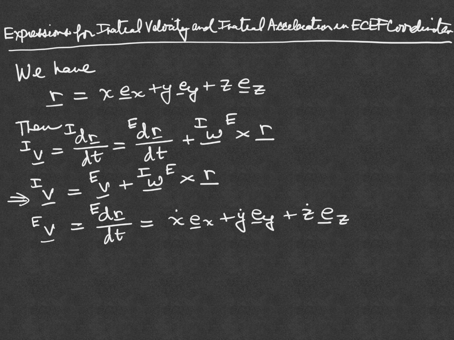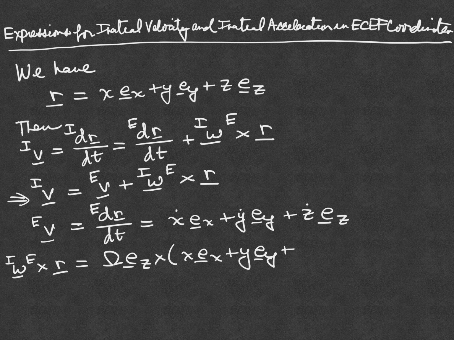And also, we know that omega EI crossed with R is equal to, well, we have the expression for omega EI. It's omega EZ crossed with XEX plus YEY plus ZEZ.